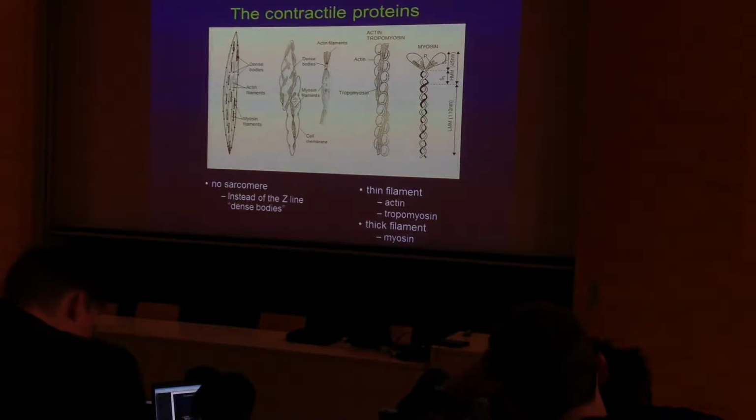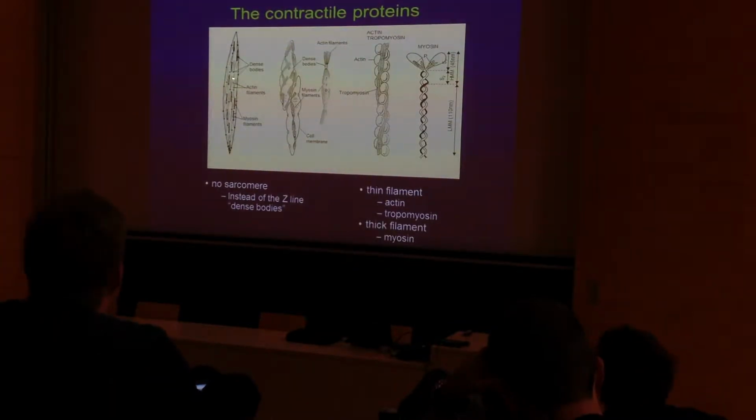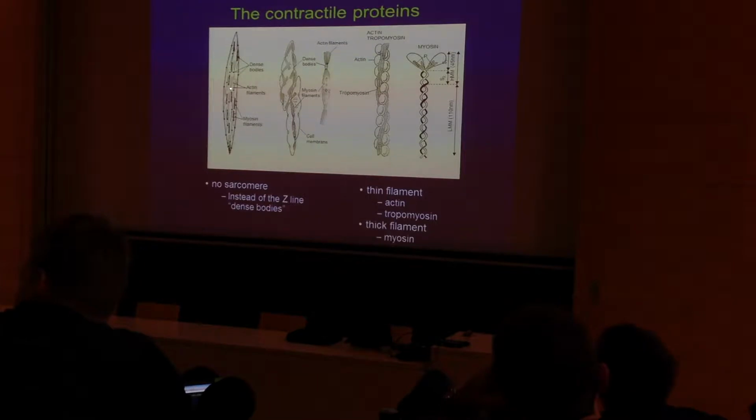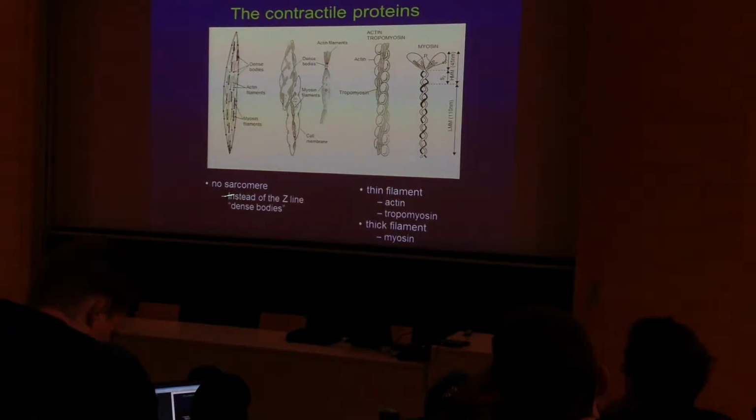So what would be the analogous structure to a sarcomere? Well, if you look more closely at a smooth muscle cell, you will be able to find thin filaments and thick filaments as well. However, thick filaments start out from little rounded things, which we call dense bodies.